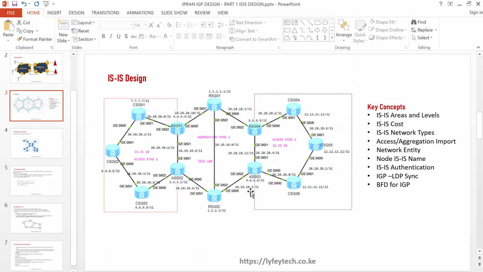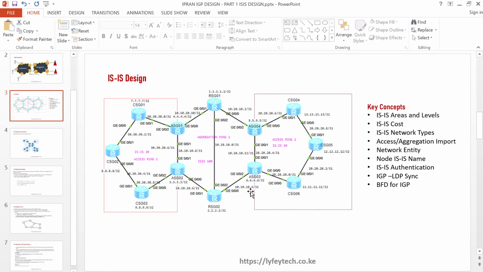So we need a mechanism to ensure that CSG02 is able to learn the loopback 0 of ASG02. If we don't do any route import, then they will not be able to communicate. And remember, later we'll be configuring BGP using loopback 0, so the two loopback 0s should be able to reach each other.